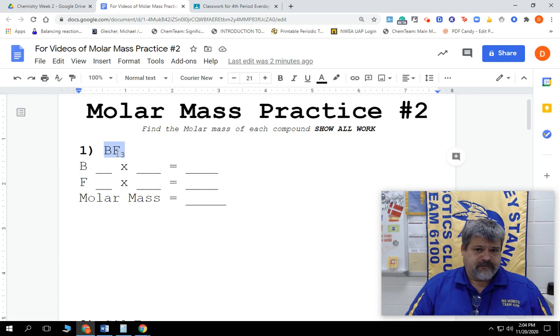It is going to be binary, but we're going to use type 1 nomenclature. With type 1, all we have to do is name what it is and change the ending of the second one to "ide." So we have to find out what B is, and what F is.